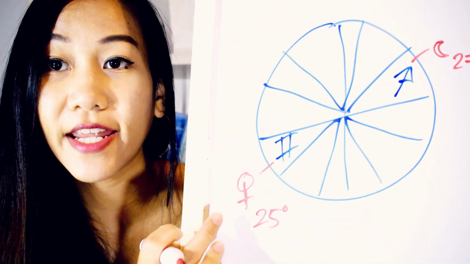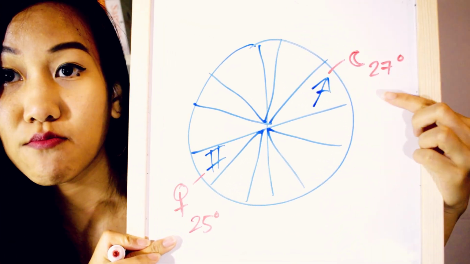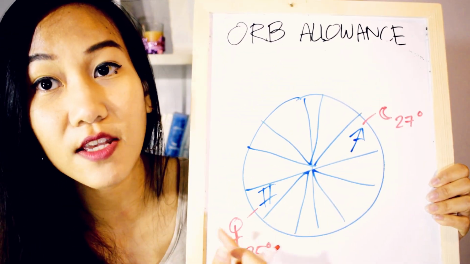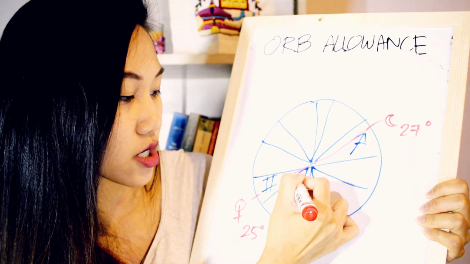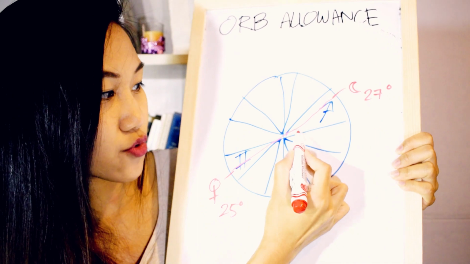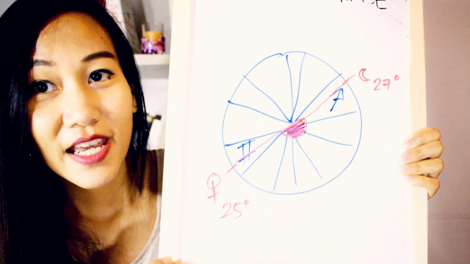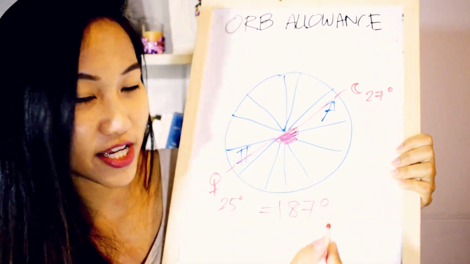Now let's take another example. Let's say that this person had a Venus in Gemini at 25 degrees, but they have their moon in Sagittarius at 27 degrees. That means the moon and Venus are in opposite signs, so they're making an opposition aspect in the natal chart. When you subtract the degrees from this angle, you're going to get 182 degrees.